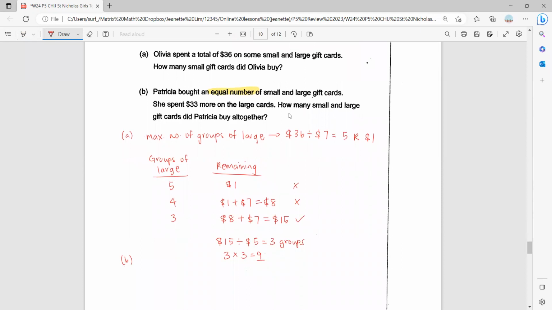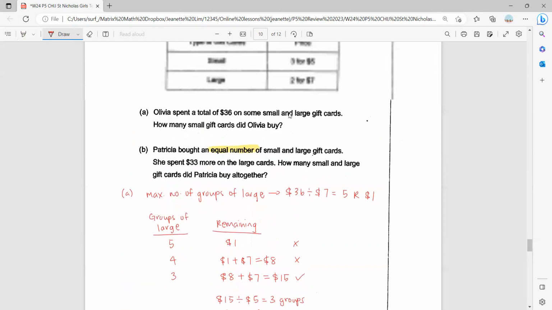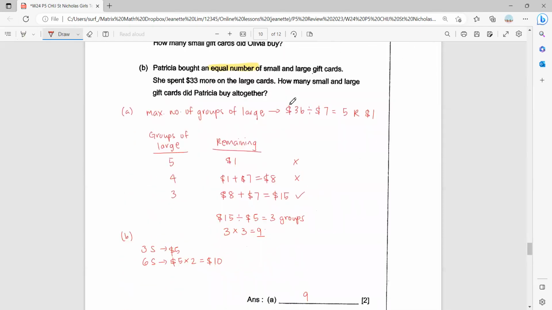So if 3 small is $5, let's find 6 small, which is $10. Then if 2 large is $7, I will find 6 large, which I will times 3, giving $21.